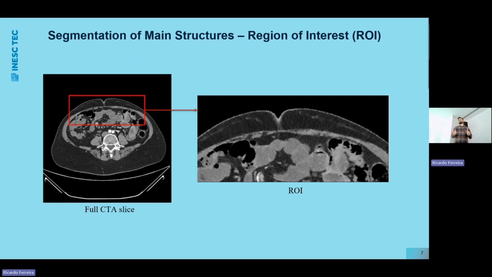If the patient is thinner, the area is smaller; if larger, it's a bit bigger on the lateral part. And on the Z scale, it always considers 2 centimeters above the umbilicus and 10 centimeters below the umbilicus. That's something written in some articles that I read, and the surgeons said it was good enough for them.